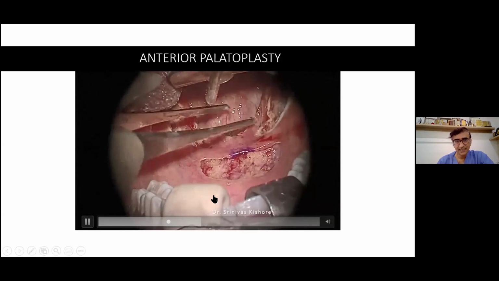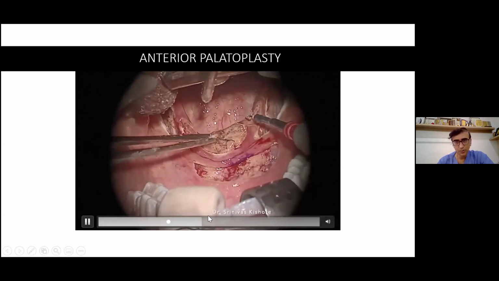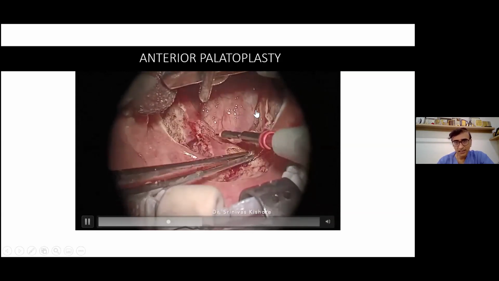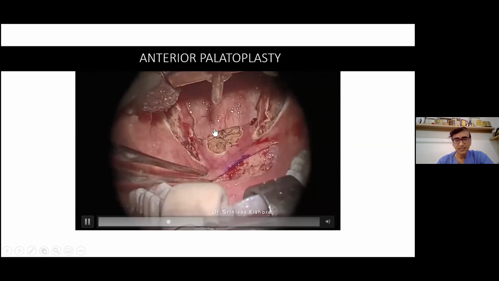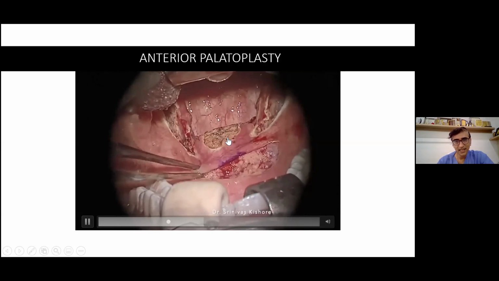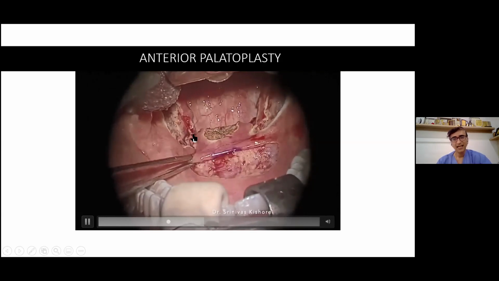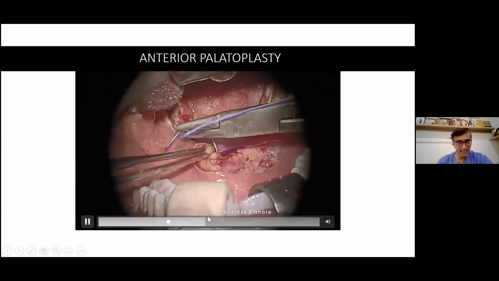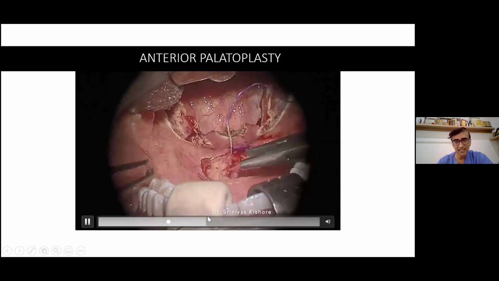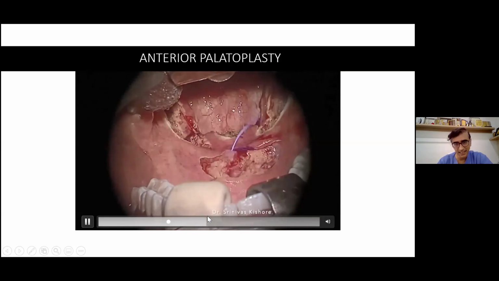Again, it's not about the tool. It's very important that you make these para-uvular cuts. The reason why you need to do these para-uvular cuts is that you will get a nice box. Please remember, this is a procedure that is done for the management of anterior posterior collapse.